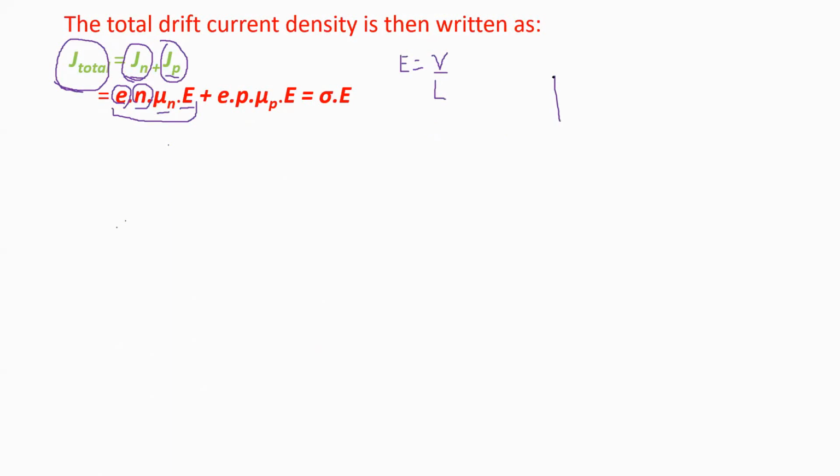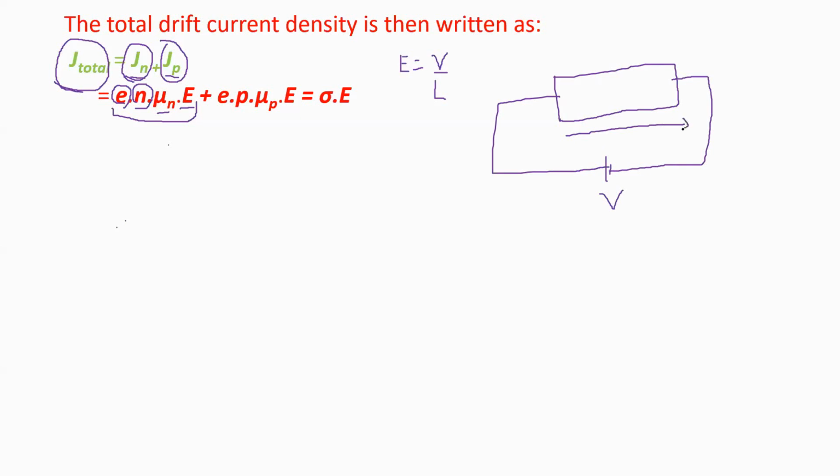Suppose you have a sample like this. We are applying some voltage V across this sample, and this is the length of the sample. So we are getting some electric field across this.